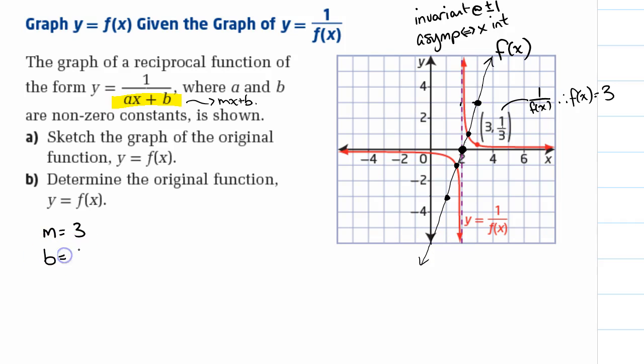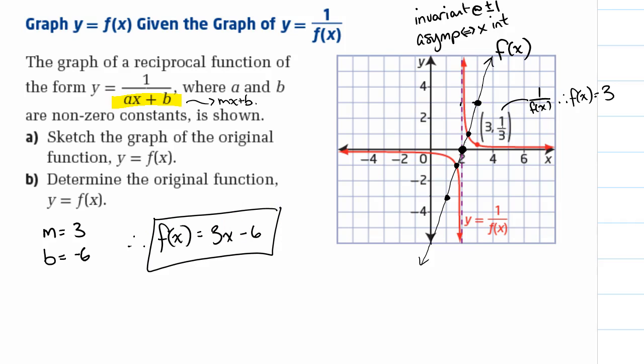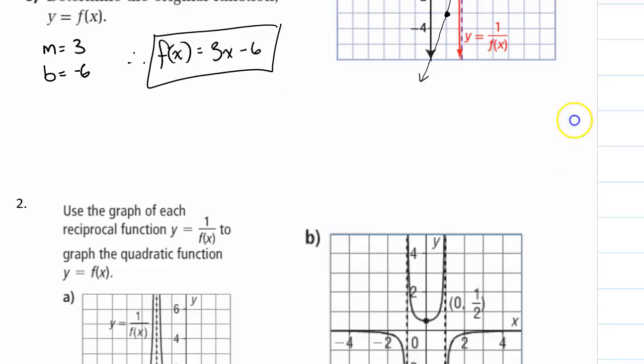So that's my b value. Therefore, I can fill in my linear equation as 3x minus 6. There we go. Okay, so invariant points, asymptotes, and just other given points are going to be your bread and butter for this.